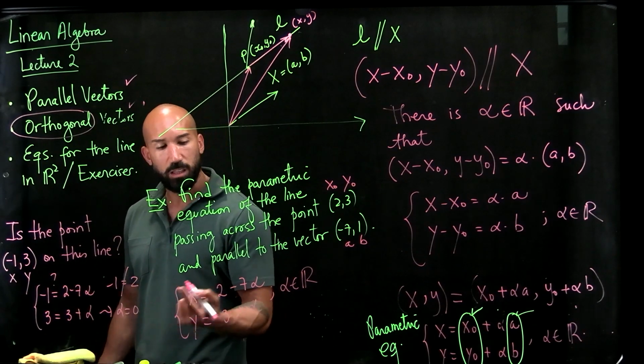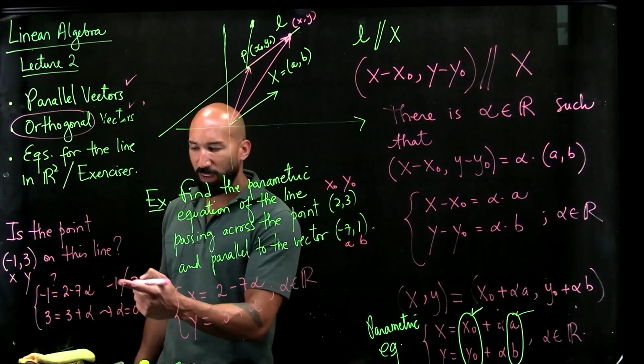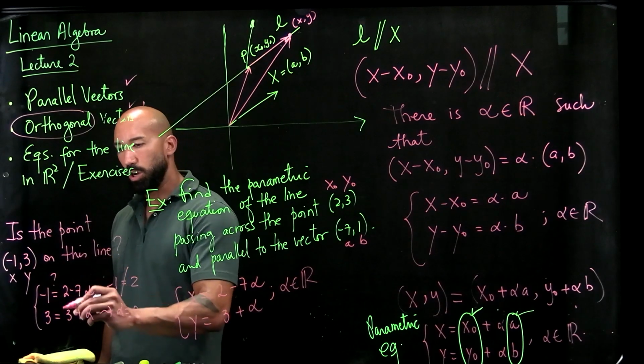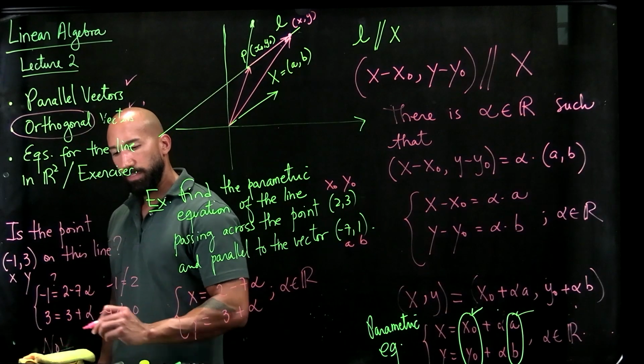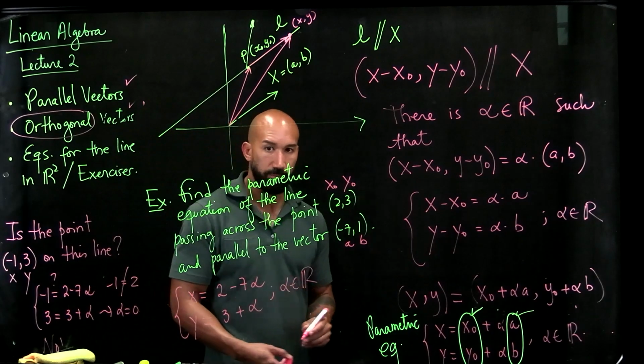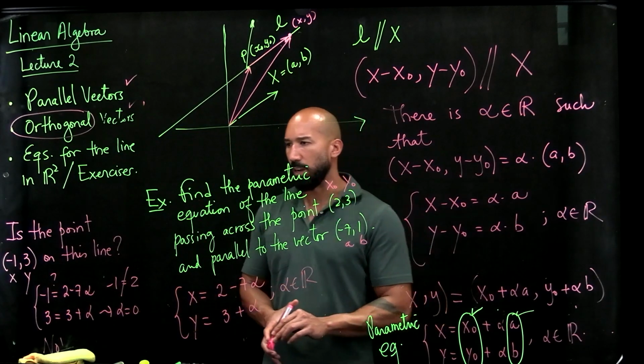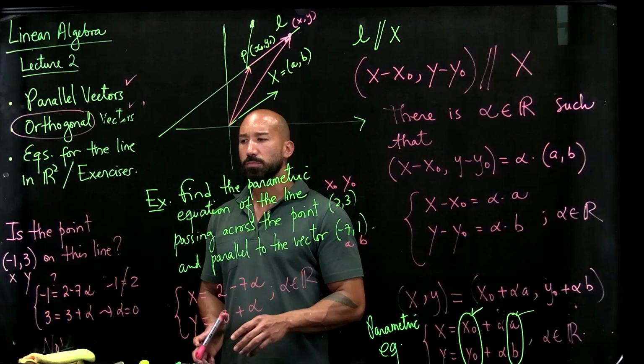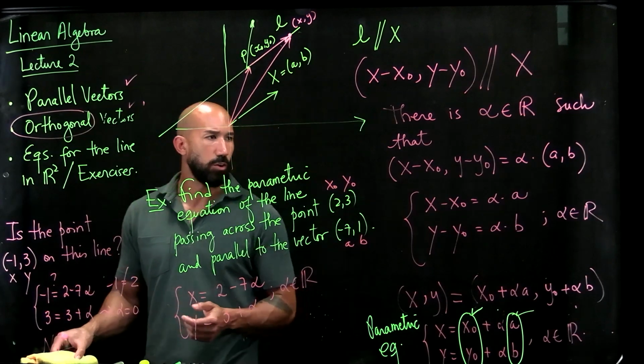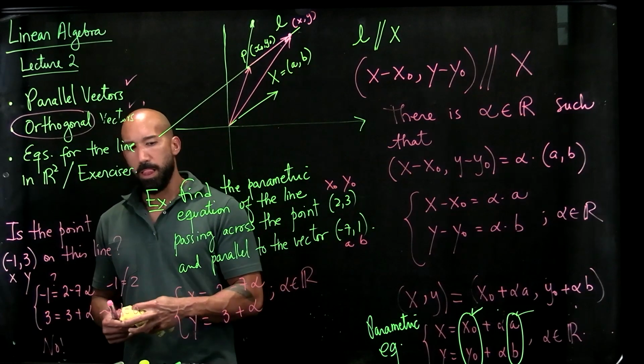So there is no scalar alpha satisfying both equations at the same time, so the answer to this question is no. Is that okay? Well, let's verify another one to see what happens.